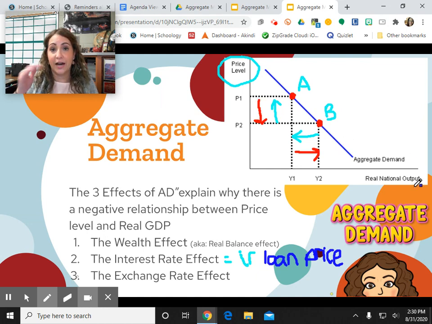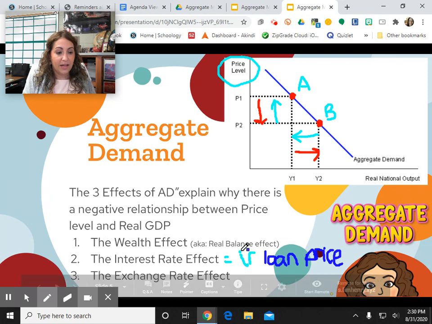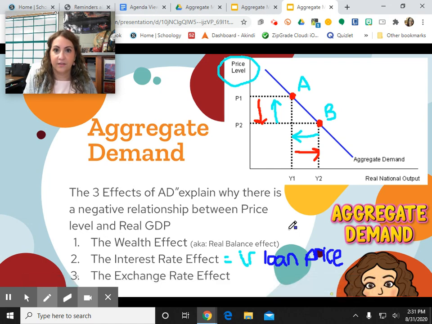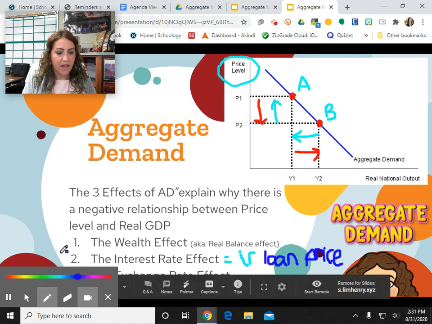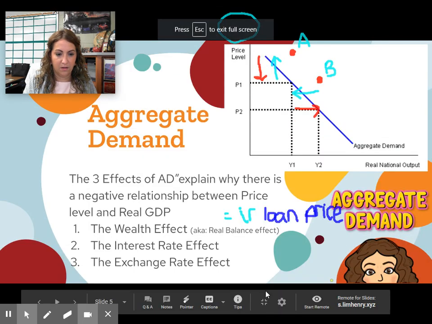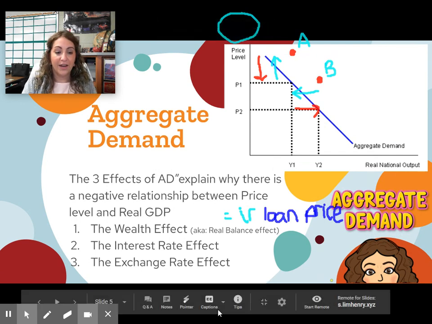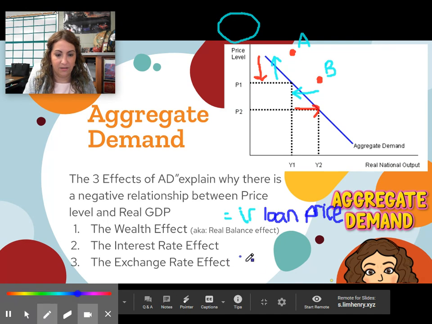That's just looking through the eyes of a business owner. Now let's look through the eyes of someone who buys our products who doesn't live in this country, like a foreigner. The exchange rate effect is looking through the eyes of net exports, XN.